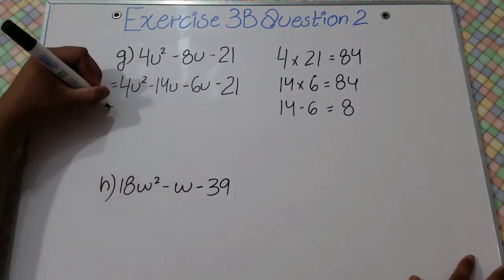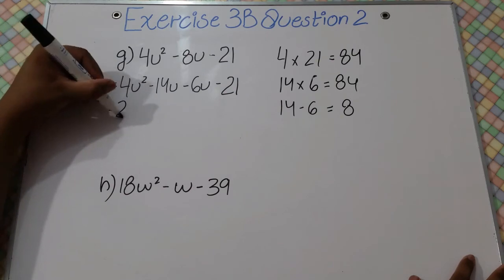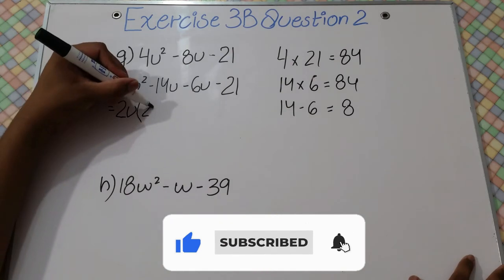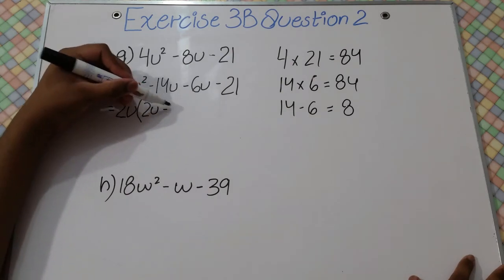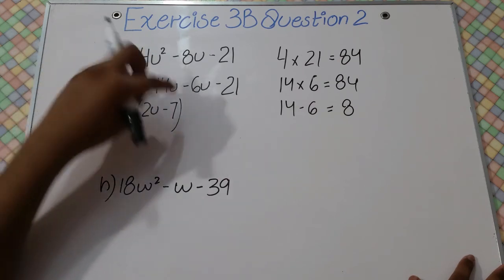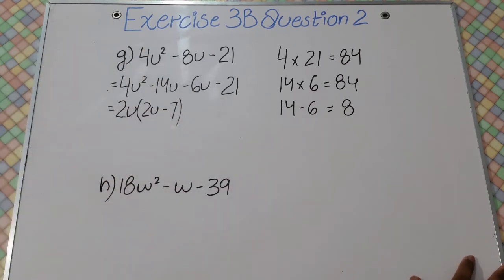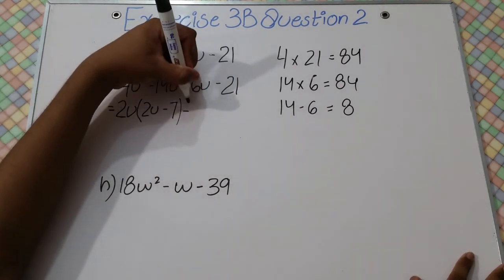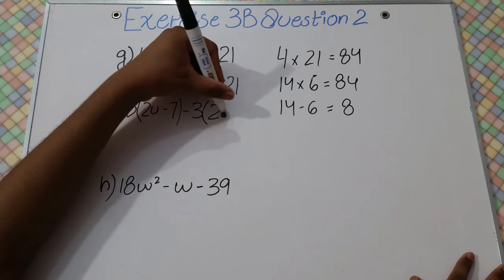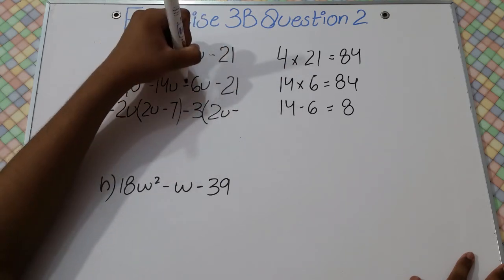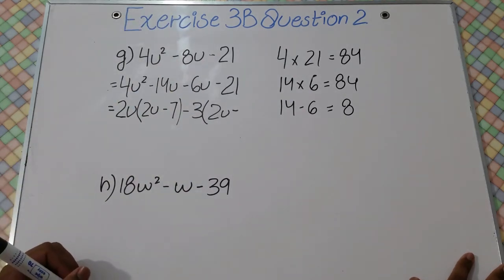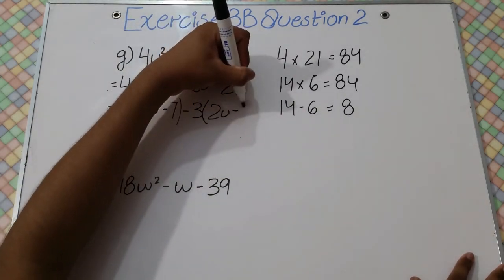Okay, now I'm going to take the common, so 2 would be the common and u, and 2u again minus 7, I think so, because 2 7s are 14. So I think it's the perfect bracket. Then minus, then over here the common would be 3 and 2u minus, okay, so it is minus, and then 7.